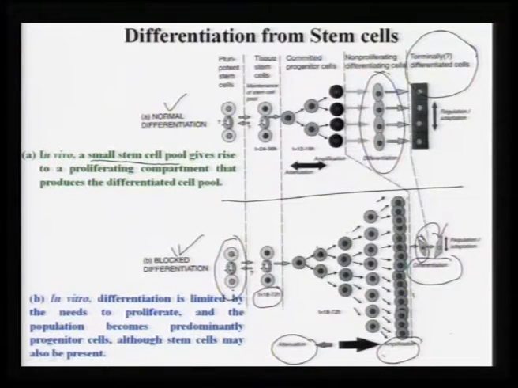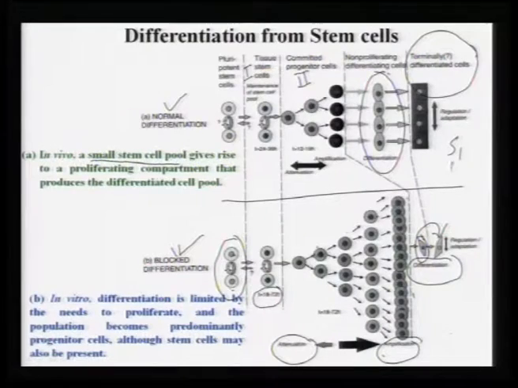In the second stage here, if I call it stage 2 and this stage 1, this is called committed progenitor cells. Committed cells means these cells will now be bound to undergo the differentiation process.